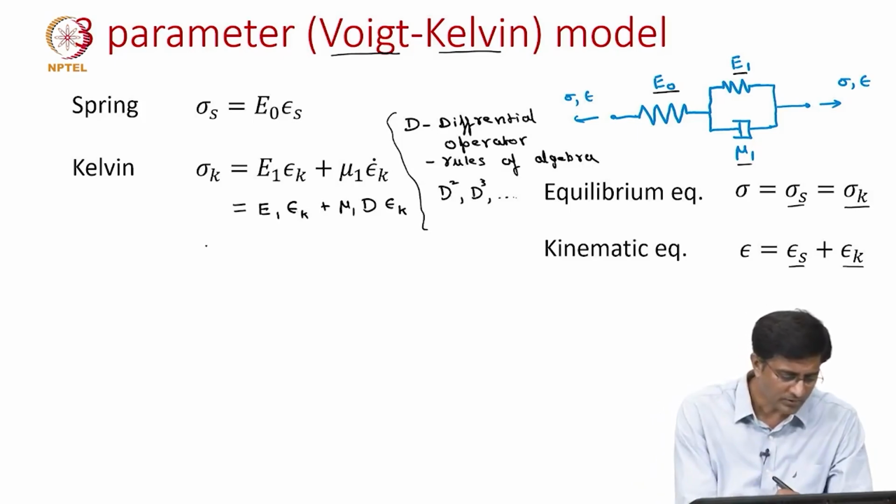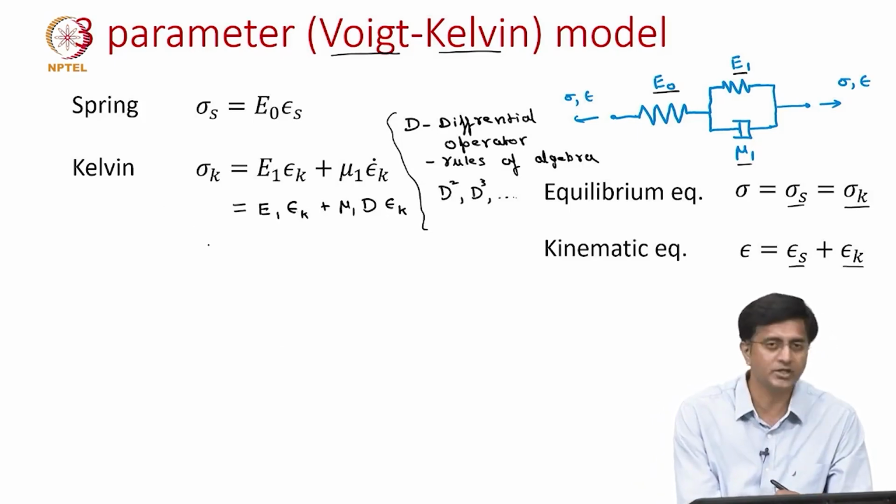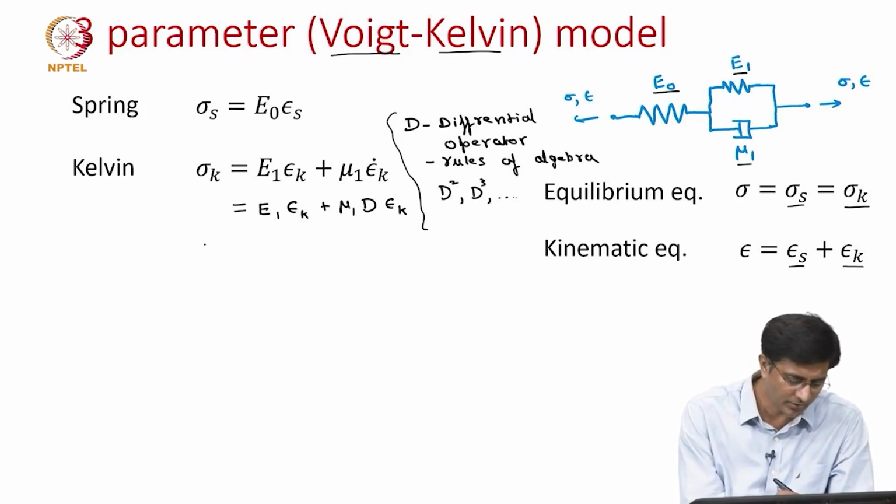Now, what we will do is we will try to write this Kelvin equation in terms of strain. So, we will try to bring strain epsilon k to the left hand side of the equation and then rewrite this equation. So, then it will be sigma k divided by E1 plus mu 1 times d.